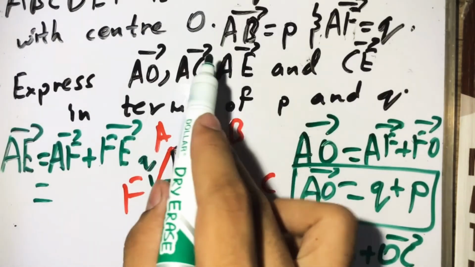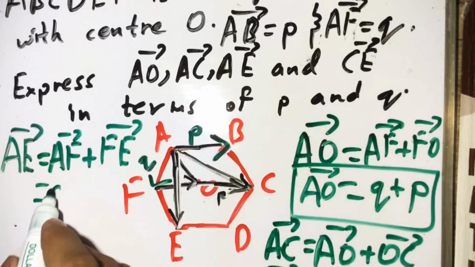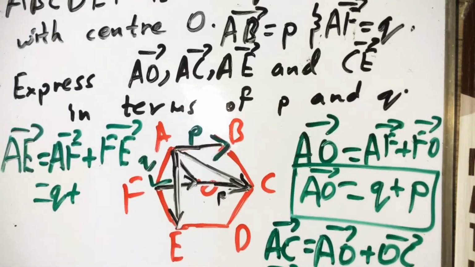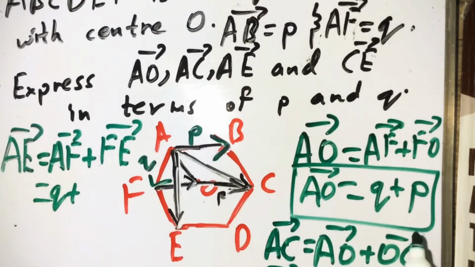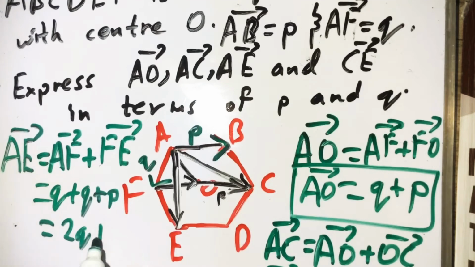AF we have as Q plus FE. Now FE will be equal to AO, and AO is Q plus P. So Q plus Q plus P equals 2Q plus P. This is AE.